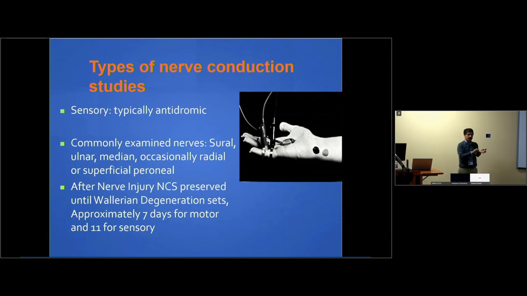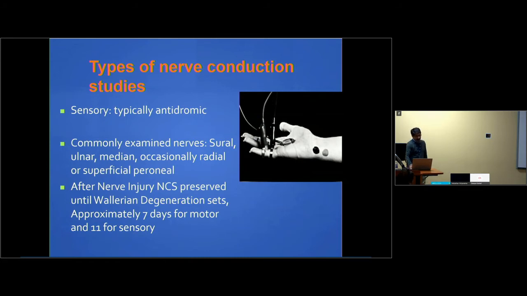We usually stimulate the nerve distally at a determined distance, and that helps us with the conduction velocity. So the common nerves that we study are the sural, ulnar, and median, and then you study less commonly the radial, superficial peroneal, saphenous, and others.